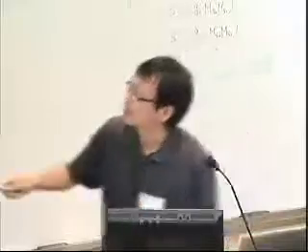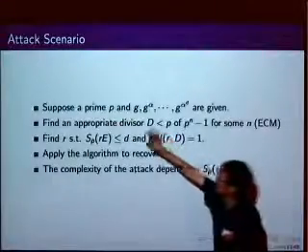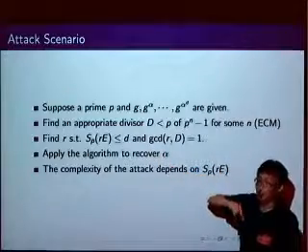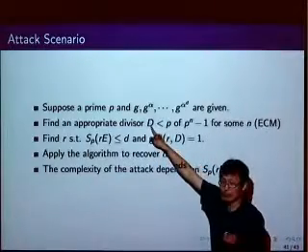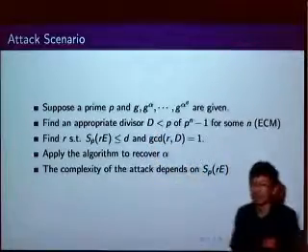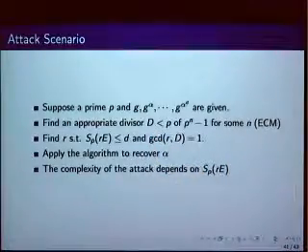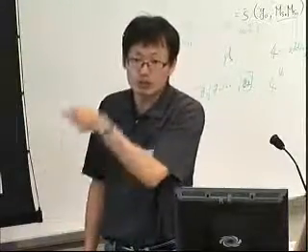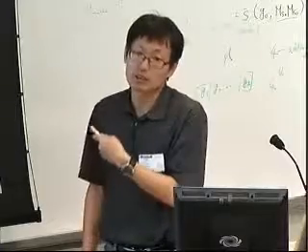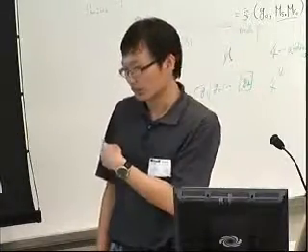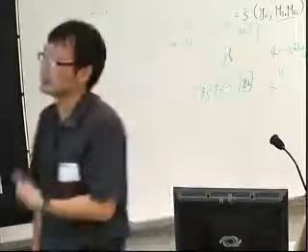Our algorithm depends on two factors, this one and this one, only two. Usually the complexity of the algorithm depends on this one. And what is the complexity? Square root d. Oh, square root of d. Oh, okay. So you can then handle very large d, actually. If d is smaller than p, it can provide a more efficient attack than the ordinary DL attack.